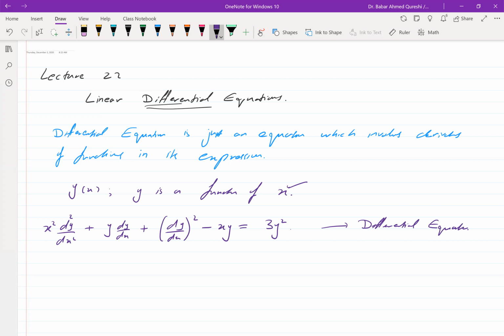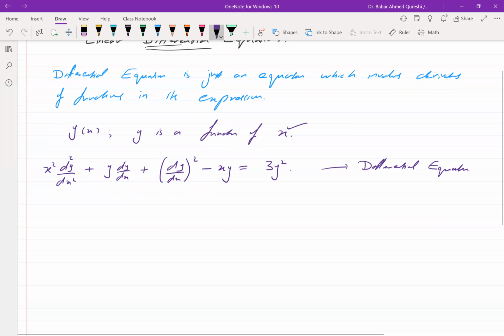I'm not going to go much into the classification of these equations because that requires two or three full courses. But we're going to study a very easy form of these equations. So what is the form we're going to study?